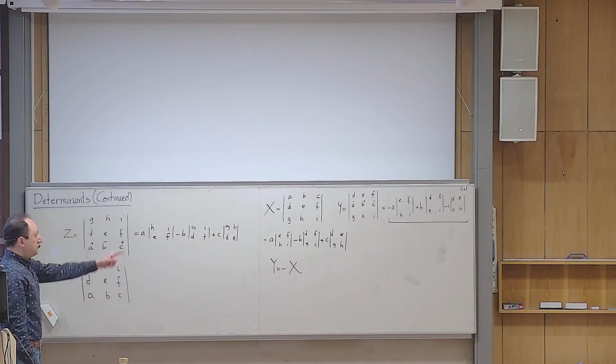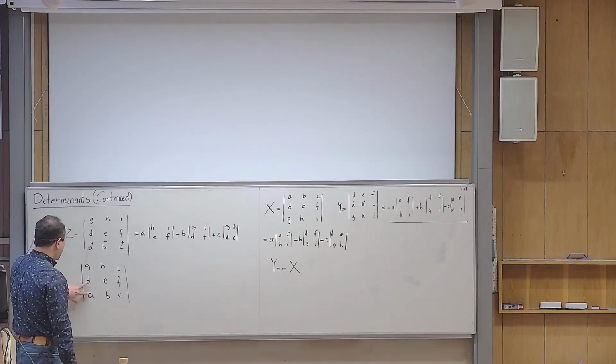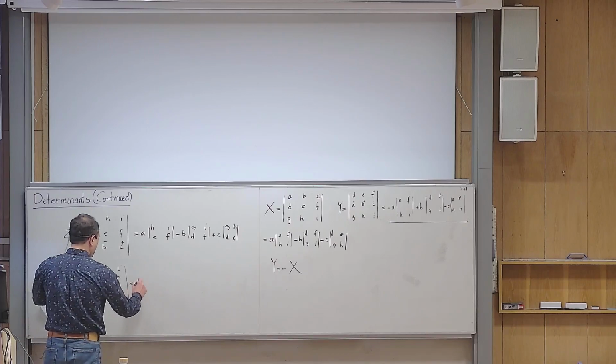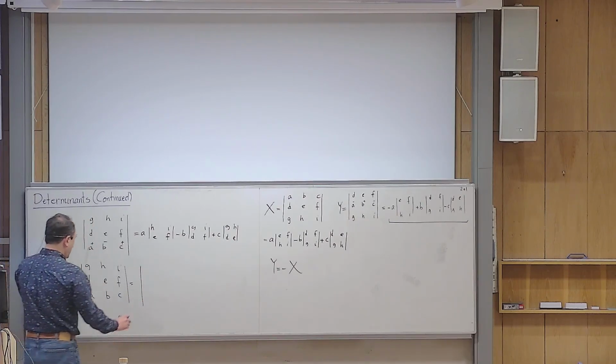Okay, from the previous one, I know that if I interchange adjacent rows, the determinant will pick up a minus sign. So what I do, I interchange these two. So that's important to understand what is going on. So what happens?